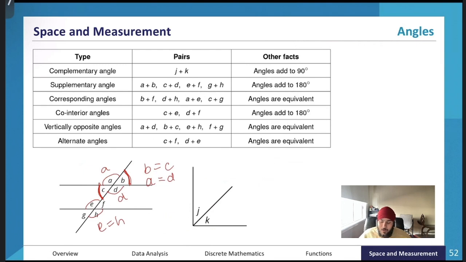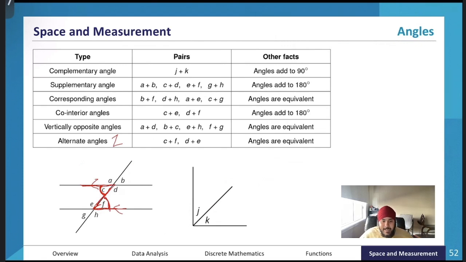Next, let's look at alternate angles. So these ones, I think of Z. And the reason why I think of Z is because if we can draw a Z when you have parallel lines, okay, so parallel lines, when you can draw a Z like this, the angles that are inside that Z, they are the same. Okay?